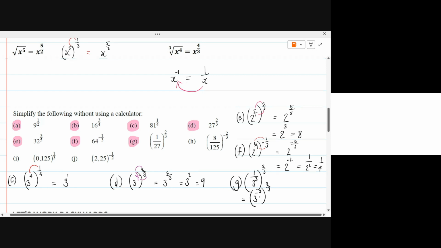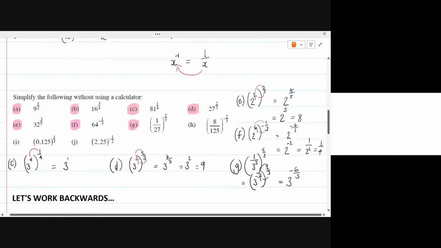Okay, and then I'm going to rewrite this as a fraction, and I'm just going to multiply the top of the top and the bottom of the bottom. So I'm going to get 3 to the power of -6 over 3, which will then give me 3 to the power of -2, which is 1 over 3 squared, which is 1 over 9. Okay, so that's the answer we should get there.